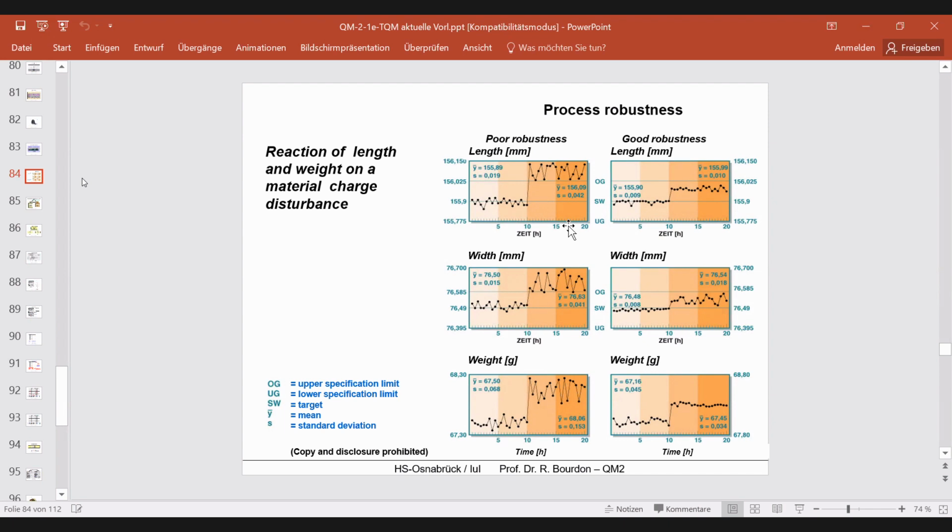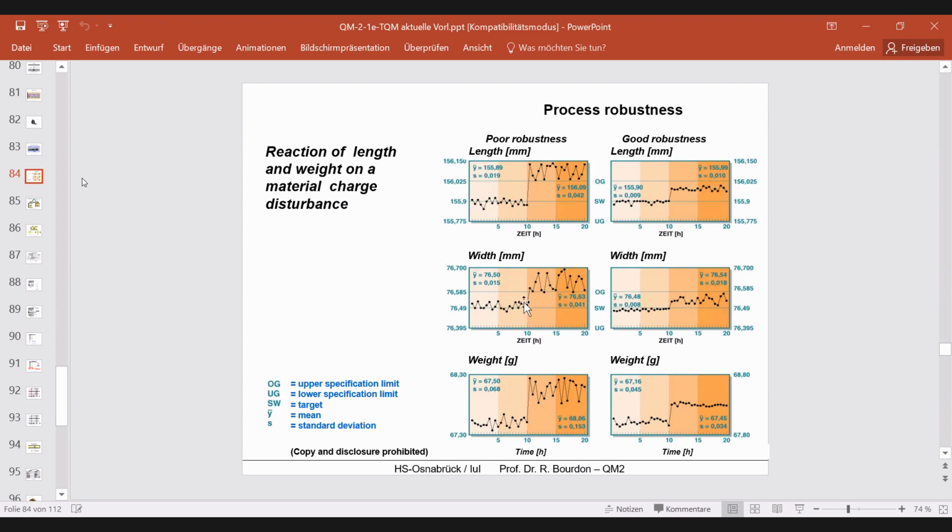This is for the poor roughness, and if the roughness is optimized, they also had a jump of the mean here, a difference of the mean value after the batch change. But this difference between the old mean and the new mean is not so high. It's a very low jump. It's inside the tolerance area.